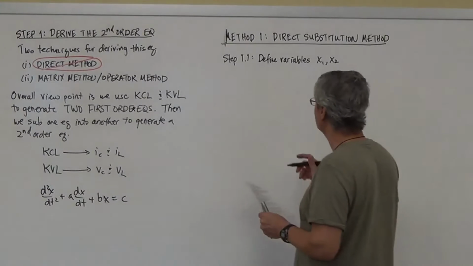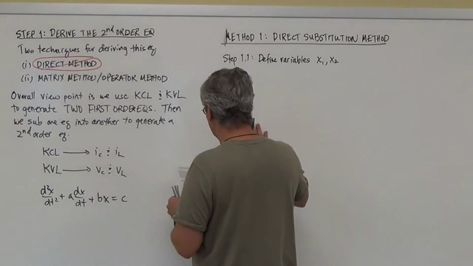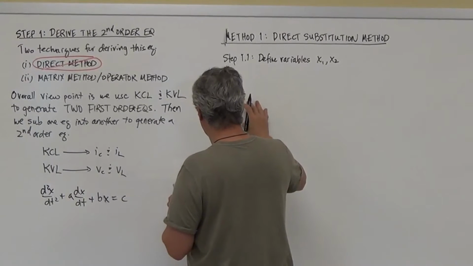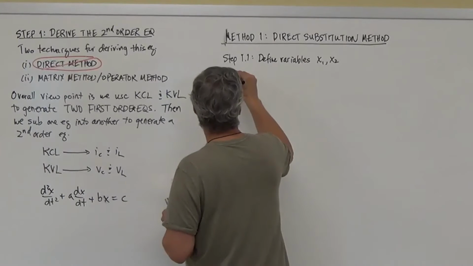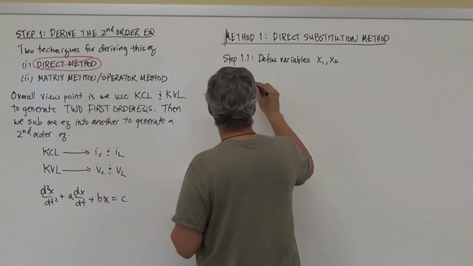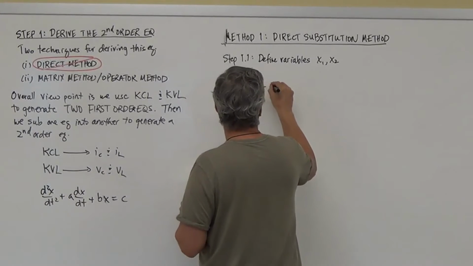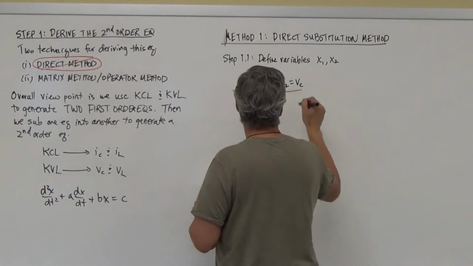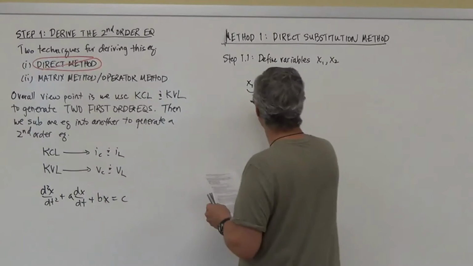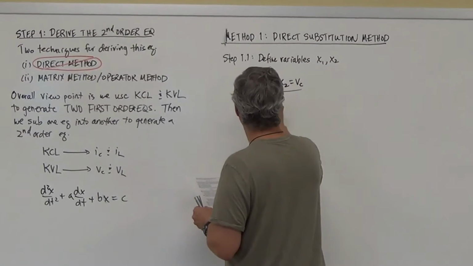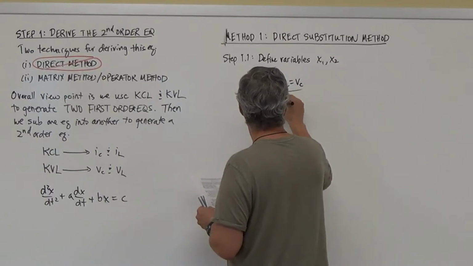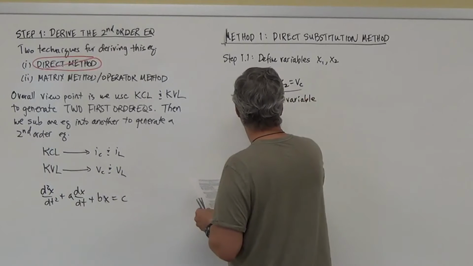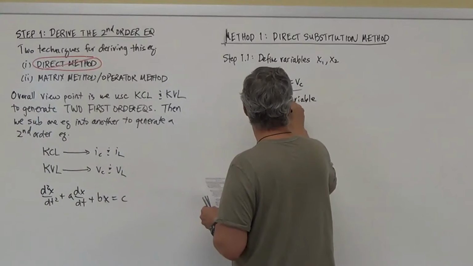So if I set the variable x1 equal to IL, and I set the variable x2 equal to VC, you could see that I set x2 for the variable we are solving for.